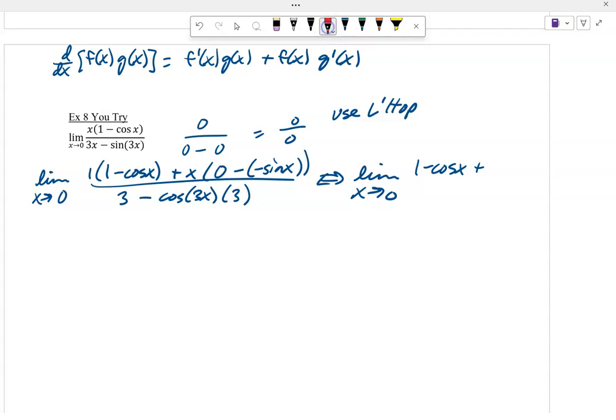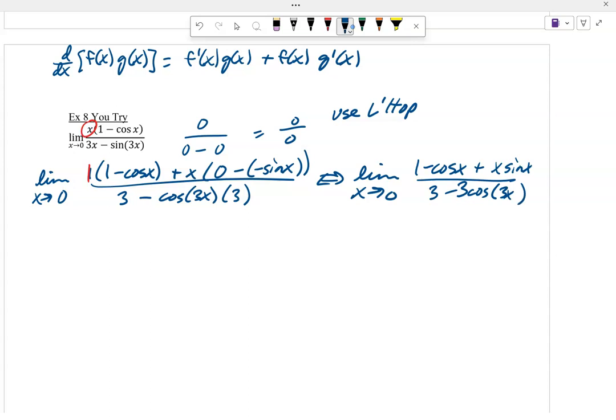Oh my gosh, and I just realized I got derivative of x. Oh yeah, that's 1. Okay, yeah, there we go. Derivative of x plus x sine x. So we got 1 minus cosine x plus x sine x all over 3 minus 3 cosine of 3x.